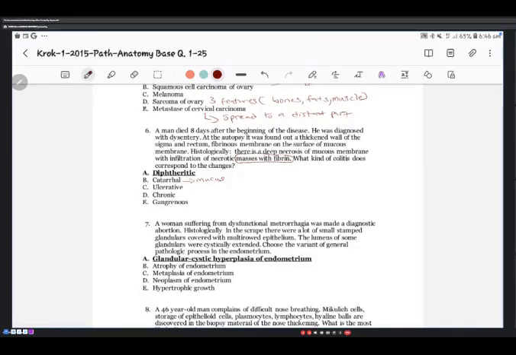It also says a thickened wall of sigmoid and rectum. Those are the last parts of the GIT. You have the sigmoid colon and then the rectum where the feces passes out. So there's the thickness there. So this suggests diphtheric, unlike croupous. I told you croupous is loose, but diphtheric is tight and difficult to remove. And we have been told here that there's a mass of fibrin. So that is the explanation.